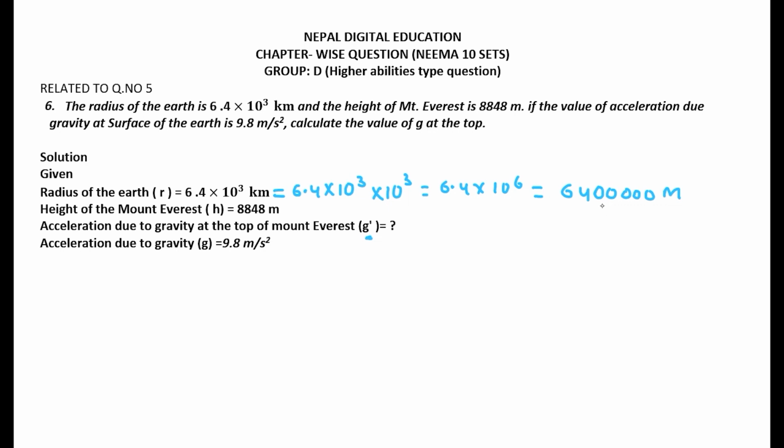So we have g dash by g equal to R by R plus h whole square. So we have to find the value of this g dash. So g dash equal to g into R by R plus h whole square.